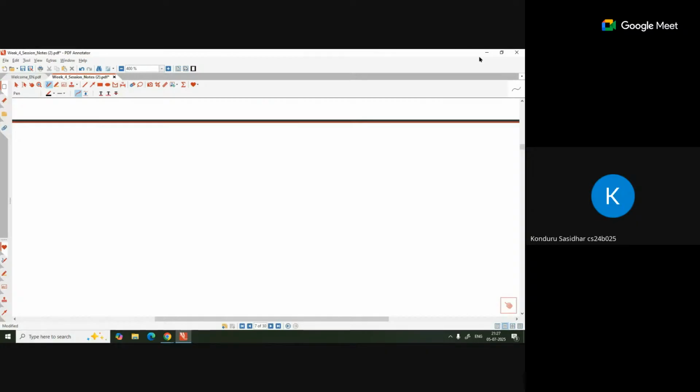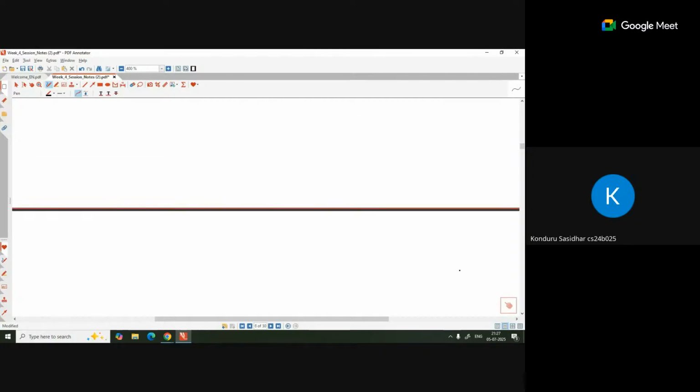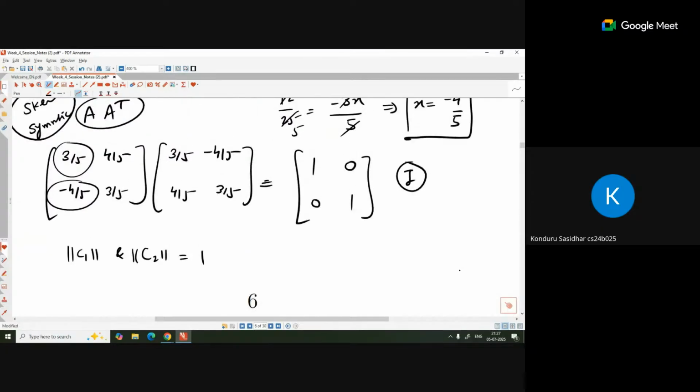It is not skew symmetric. It is skew symmetric, right? No, diagonal elements will have to be zero. Sorry, yes, correct. Good catch. Diagonal elements should be 0.